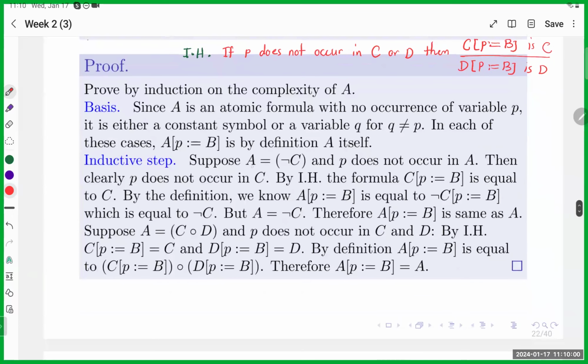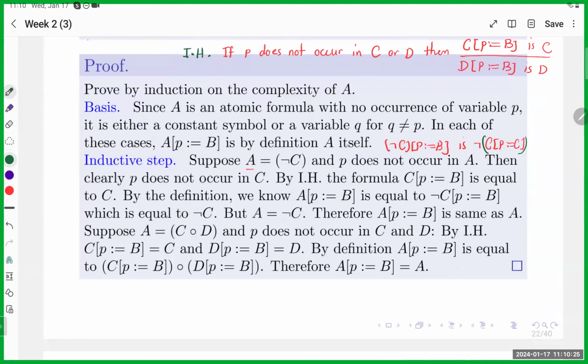Now, the substitution of negation of C, P, B by definition is negation of the substitution for C. So it's the negation of this.